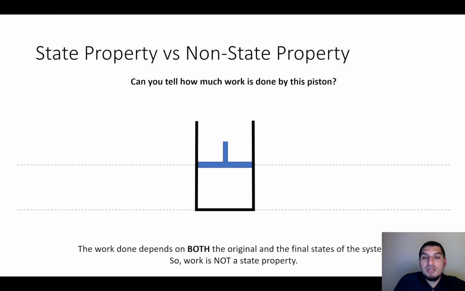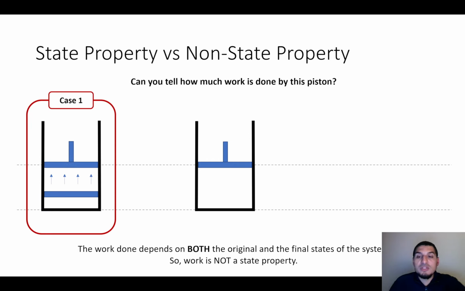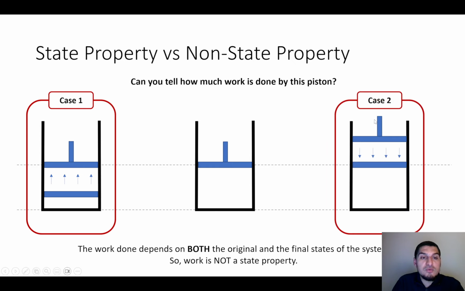There is an option that the piston was originally at a lower height, and the system pushed the piston upward. So this is one case, and there is another case that the piston was up and it was pushed down. So here the work is negative, and here the work is positive, and the state is the same. So here you would see that the work is not a state property, it's a non-state property, because it depends on the previous state of the system.